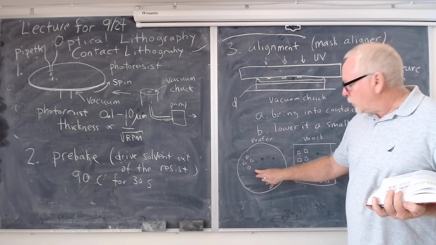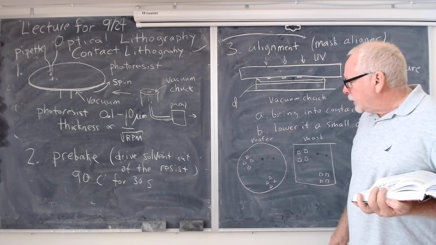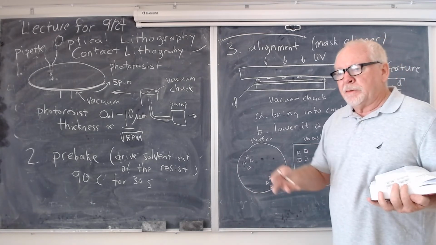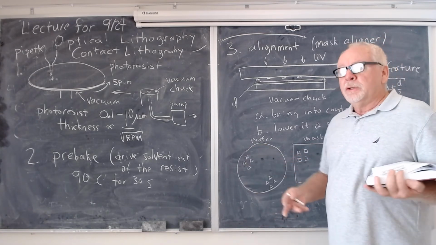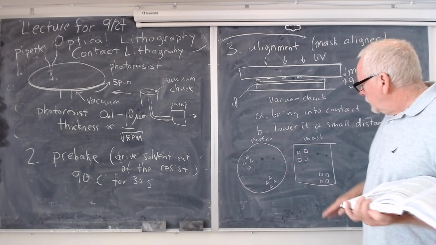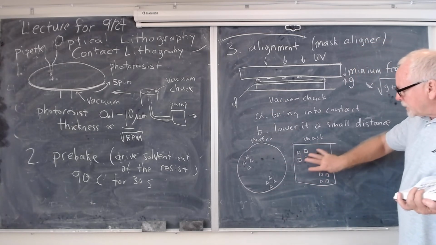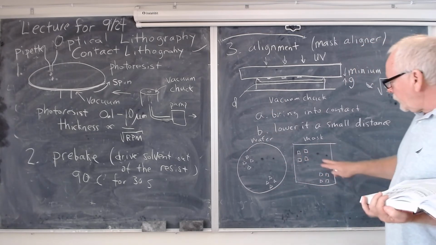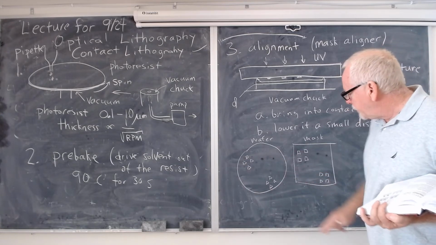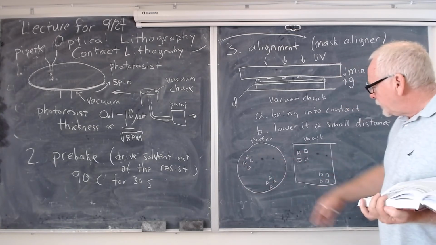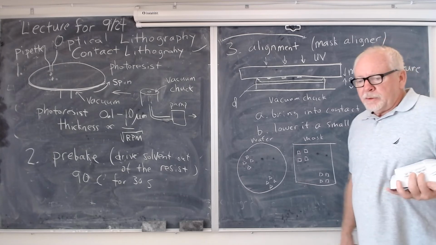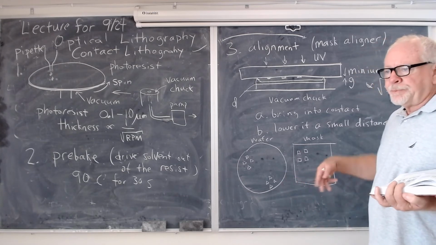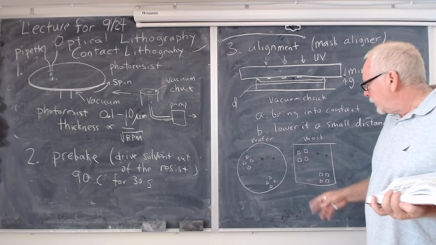They're called alignment marks, and they provide the registration for the rest of the steps. So all the rest of the steps, each mask is a different step, has marks that are supposed to line up there.